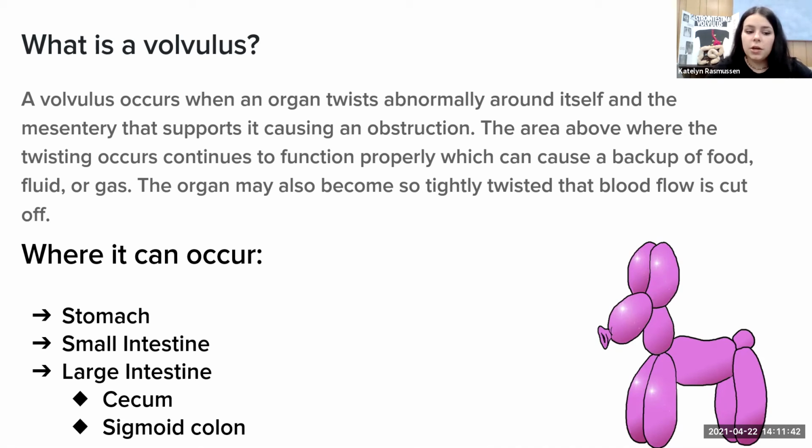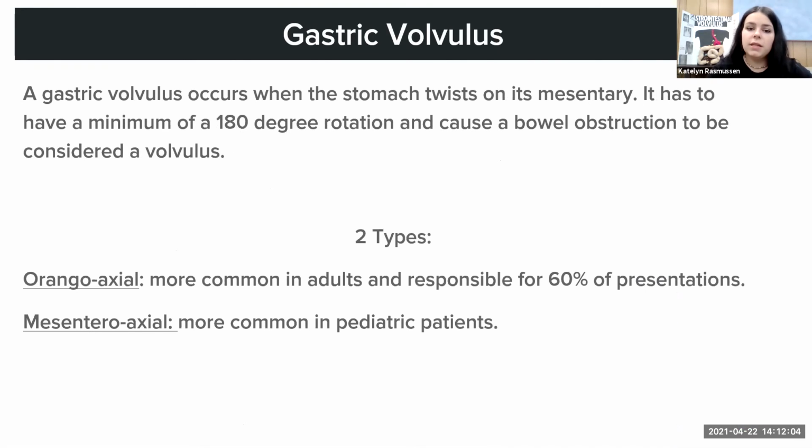Volvulus can occur in several different areas. It can occur in the stomach, which is classified as a gastric volvulus. Then you have the small intestine and the large intestine, which is classified as intestinal volvulus. In the large intestine, the two main spots it can occur are the cecum and the sigmoid colon. To touch on gastric volvulus, it occurs when your stomach twists on its mesentery.